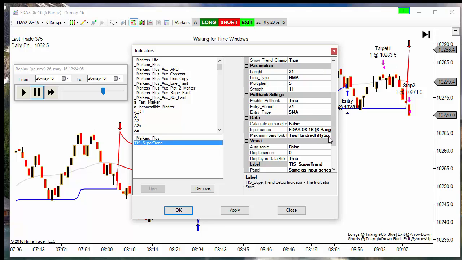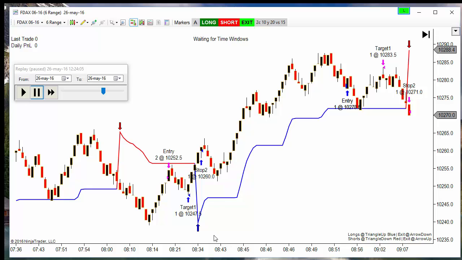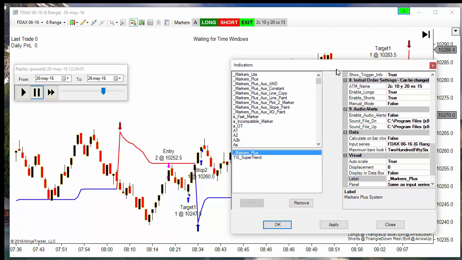If we have marker plus, then we can go back to the standard signals on the Supertrend Classic, but instead of entering at market, we use the pullback mode entry on markers.